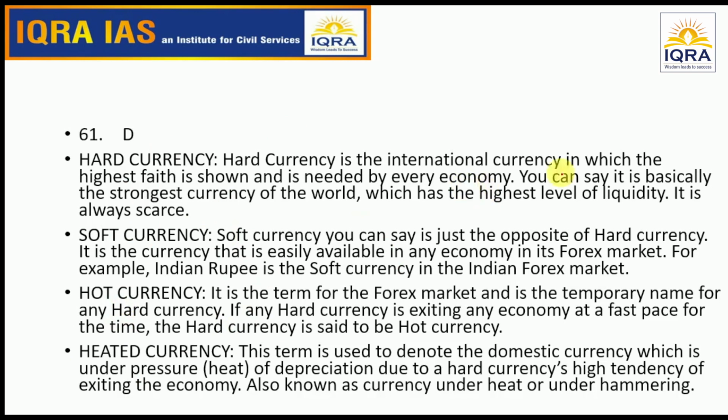Hard currency is the international currency which has the highest faith shown in every economy, and soft currency, for example, Indian currency, is a soft currency in the Indian forex market. Hot currency is a term used in the forex market and is a temporary name for any hard currency. If any hard currency is existing in an economy at a faster pace for the time, it is said to be hot currency. So it's a type of hard currency. And heated, obviously heat can be related with pressure.